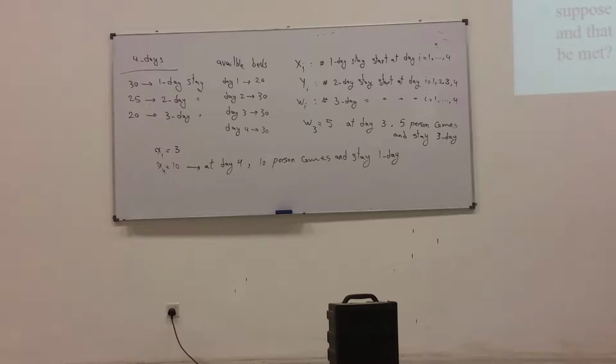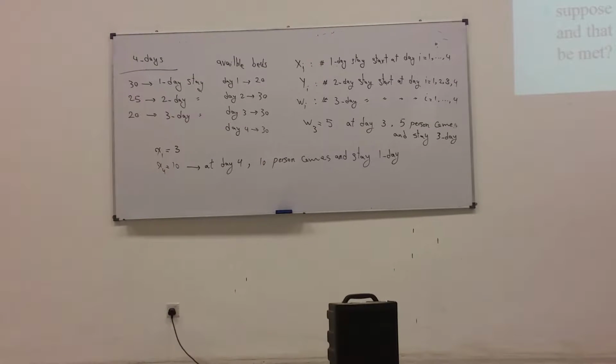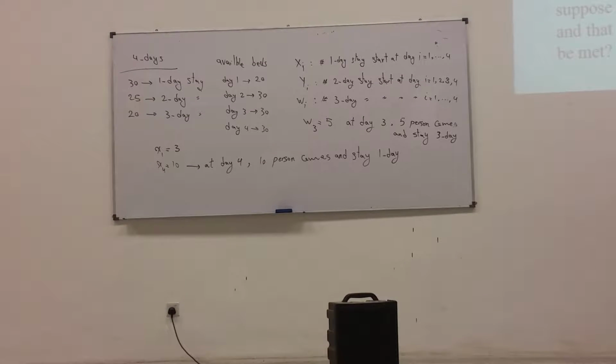And day 4, we have X4, Y4, W4. X1, X2, X3 leave the hospital, so we don't have them. Y1 is a 2 day stay, so we don't have it. Y2 is day 2 and 3, so we don't have it.